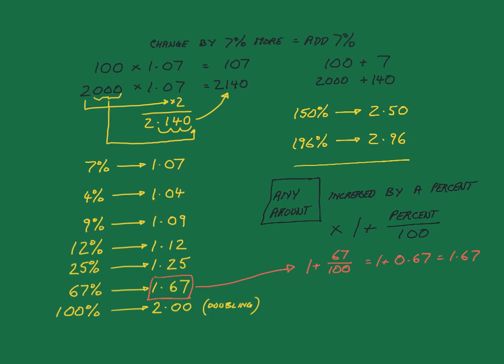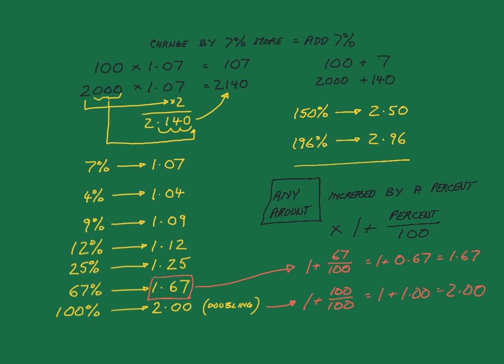If I want to do the 100%, which was the biggest on the first column, I will just take 100 over 100. And that will give me 1 plus 1, or 2.